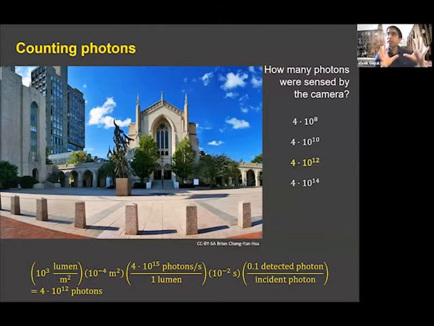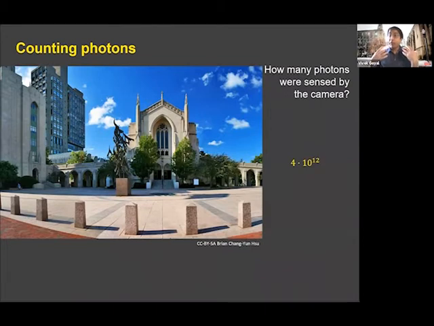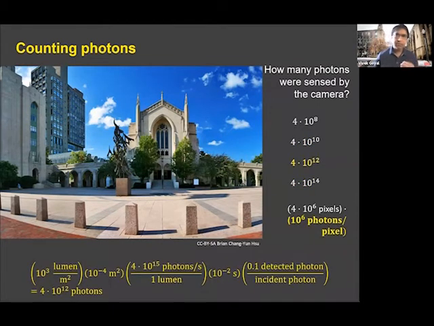So a plausibility argument for 4 quadrillion photons. If the photo is 4 megapixels, then this works out to be 1,000,000 photons per pixel.